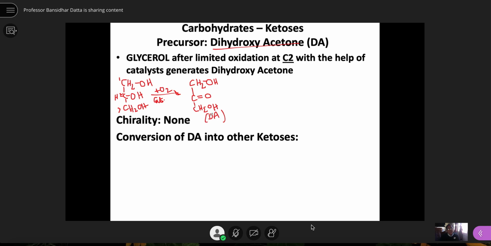It is not a D configuration like glyceraldehyde, and it is not optically active because both ends are CH2OH and the carbonyl is a double bond. So, no chirality.